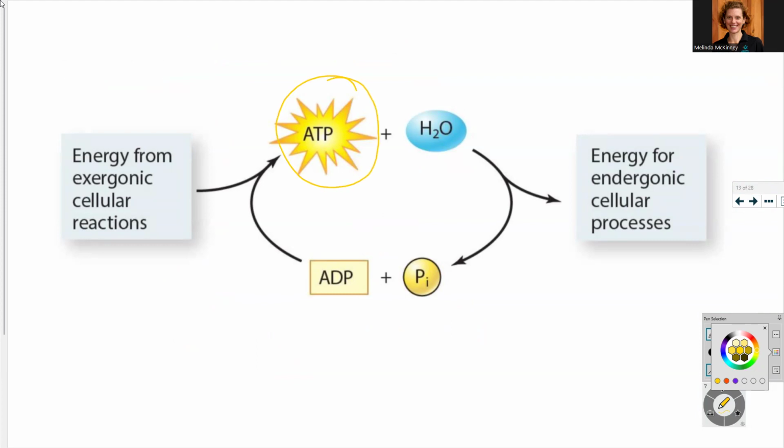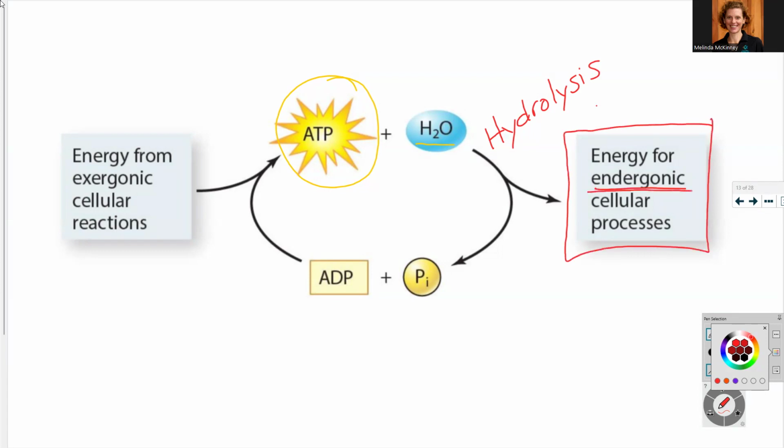And if ATP is broken apart, so we add water to it, remember that process is called hydrolysis, right? We're breaking it apart. We're adding water to it. Then the energy is coming out for reactions that are going to build something up.